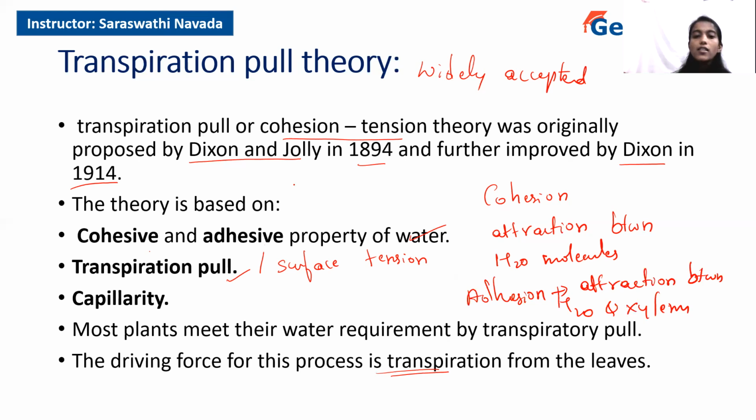And coming to the surface tension, due to the attraction of water molecules between themselves as well as to the xylem, it develops certain tension, or it builds up certain pressure within them, and that is called surface tension, which is formed due to the formation of the water column.